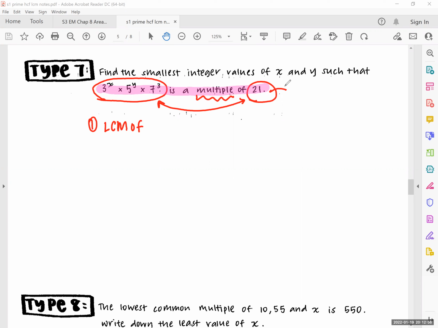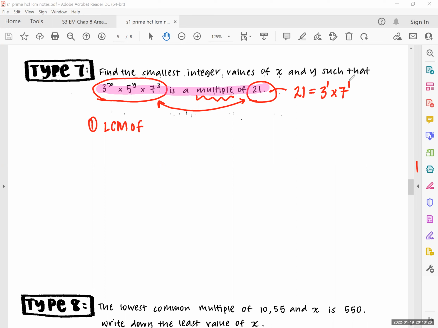What is the index notation of 21? Three times 7. Yes. So 3 times 7 means it's actually 3 to the power of 1 times 7 to the power of 1. Okay, so this is a little bit of a hybrid of LCM and also working backwards.